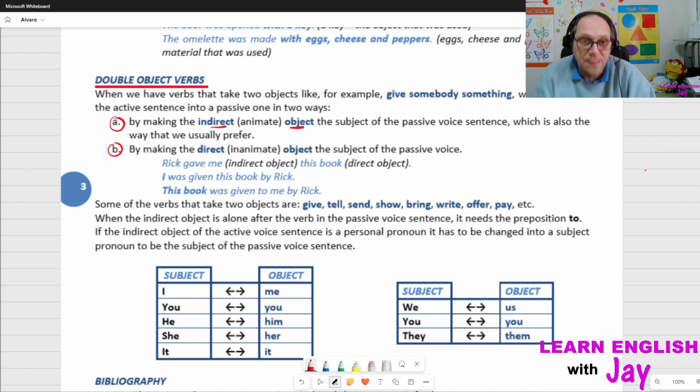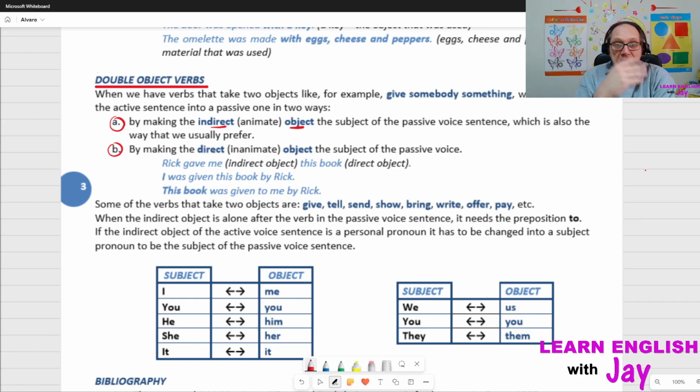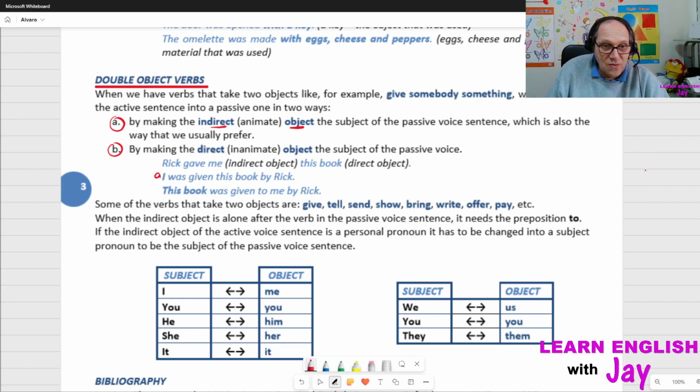For example, Rick gave me this book. Me is the indirect object. This book is the direct object. So if we follow A, we're going to start off with the indirect object becoming the subject. We can say, I was given this book by Rick.